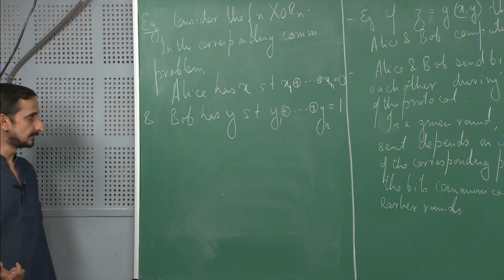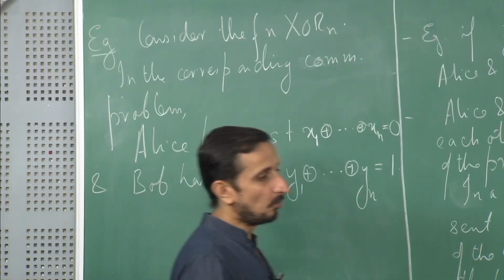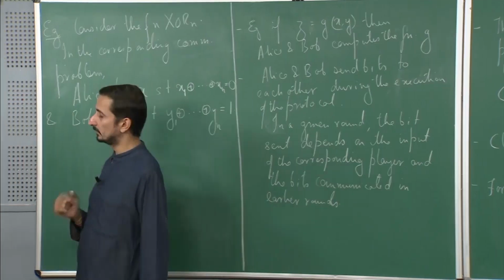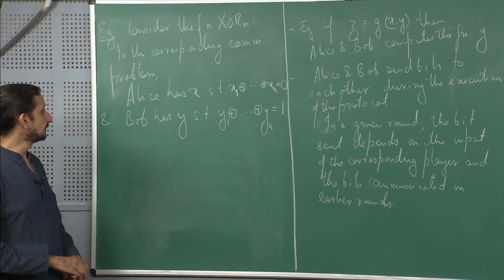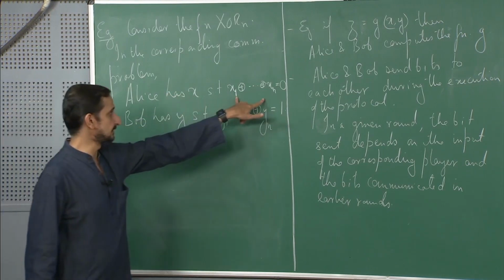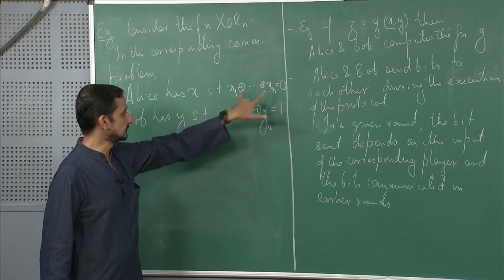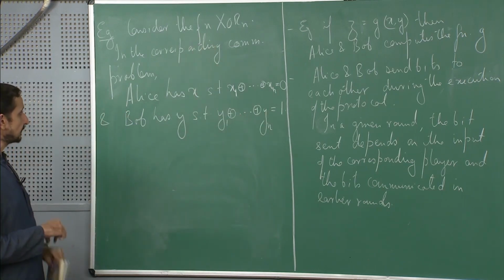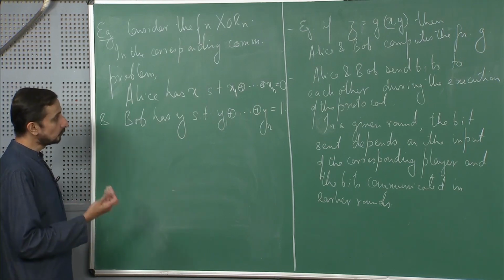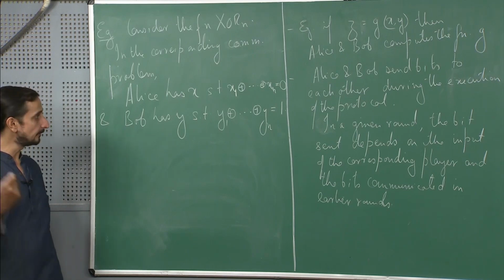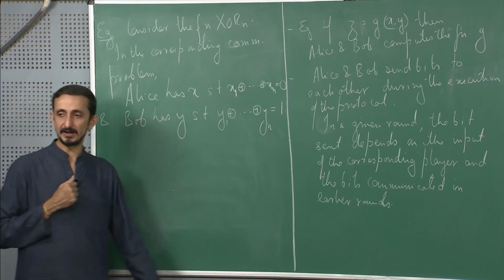Okay, so both Alice and Bob have two strings, and they must be different. So Alice has this, and now they have to communicate among themselves and find out a bit on which x and y differ.